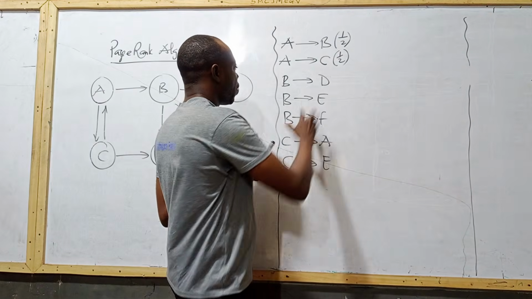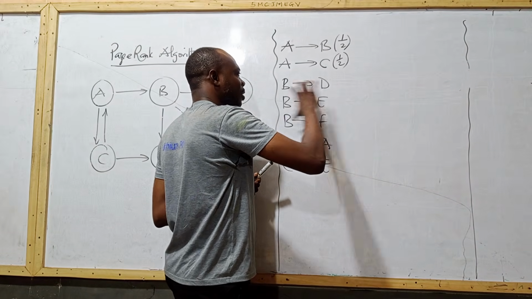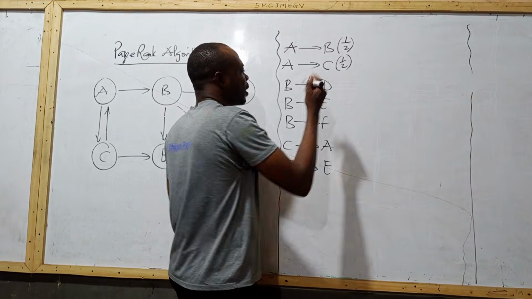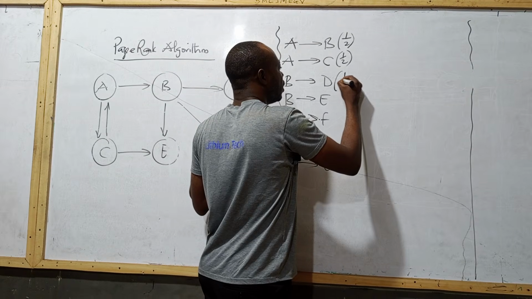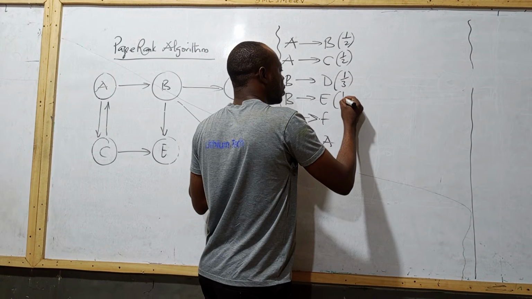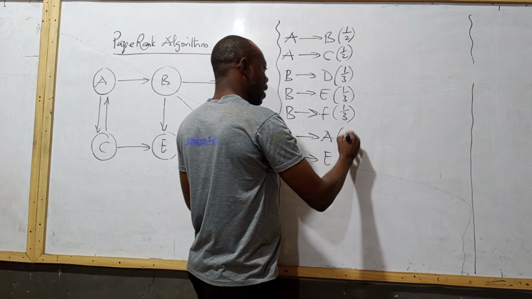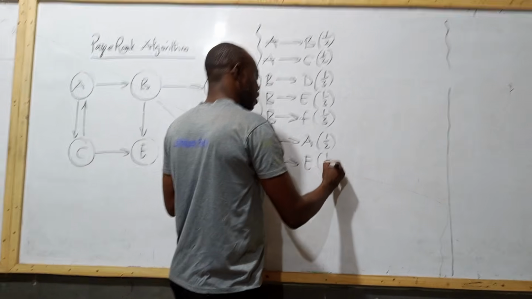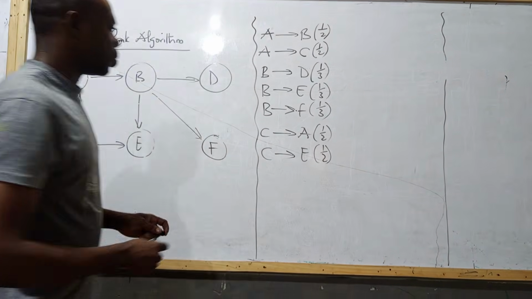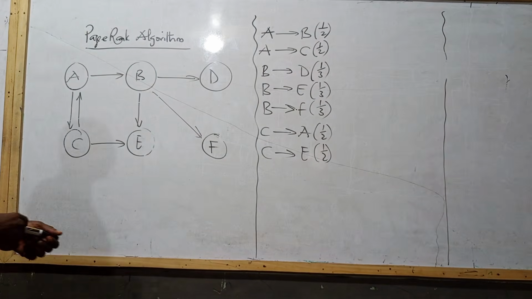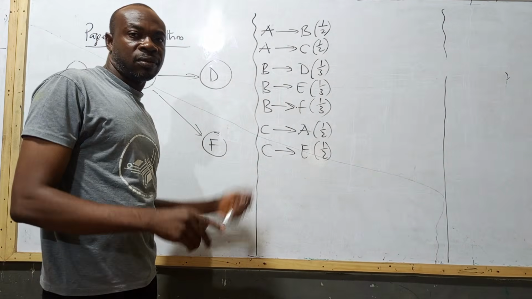Now, when we look at B, you see that 3 nodes are connected to it. So if I want to move to D, it will be 1/3, this one will be 1/3, and this one will also be 1/3. The same thing applies to C, which is half here and half here. So let's see how we can proceed with this.